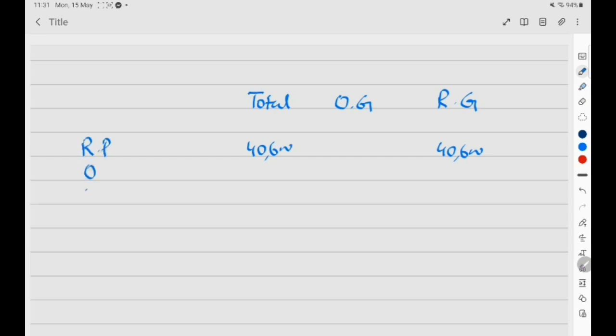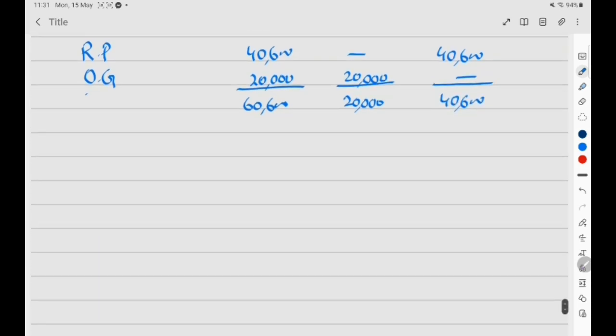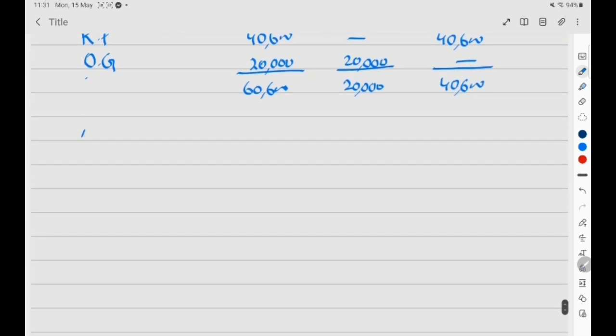Other gain is mentioned as 20,000, and that will be recorded here. So it is a total amount of 60,600, 20,000 and 40,600.